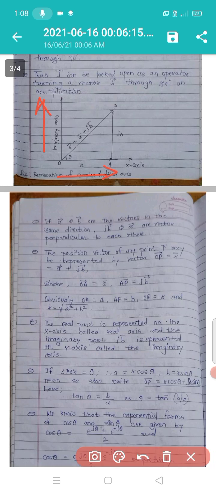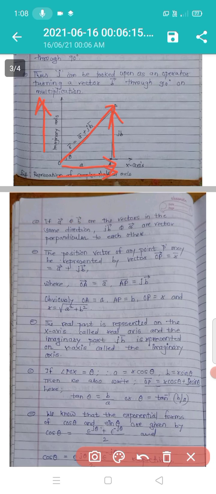Okay, then the position vector of any point P may be represented by a vector OP bar. This is OP bar, this is OA bar, and this is AP bar.